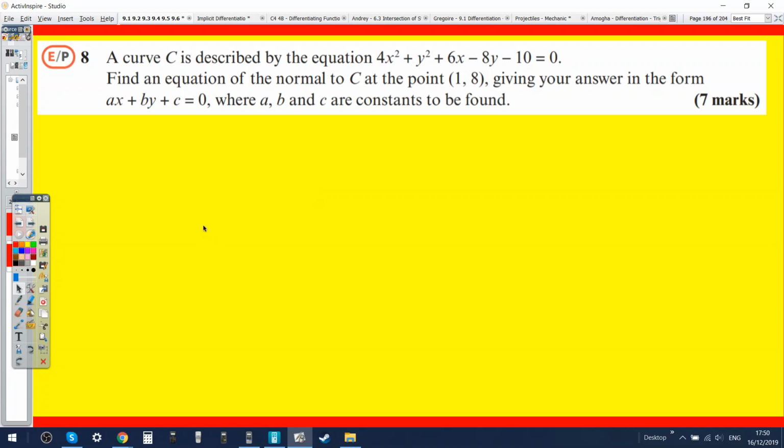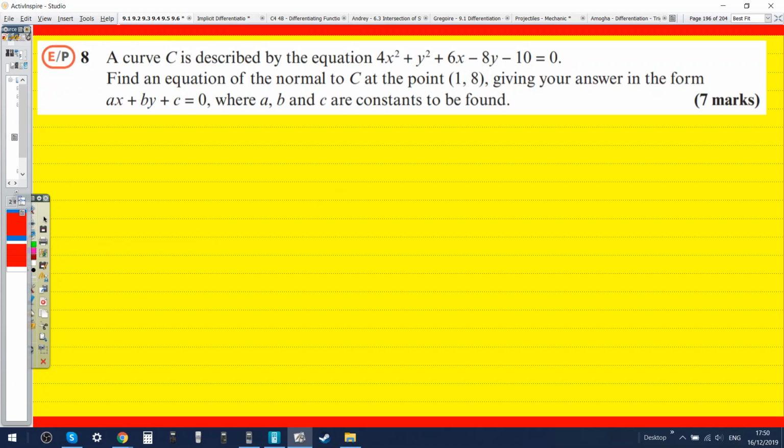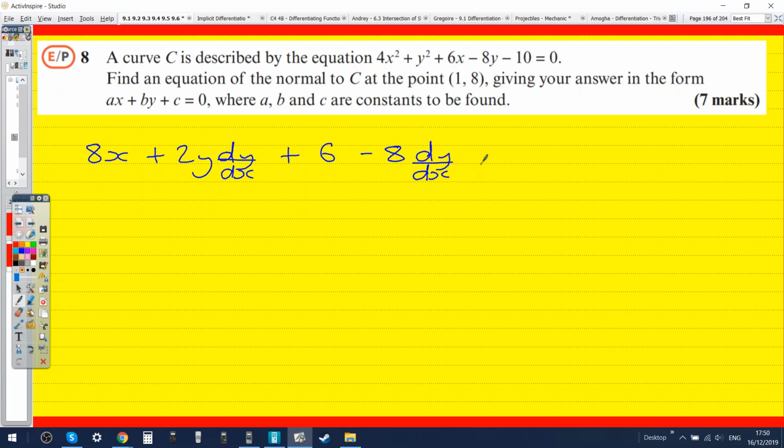Okay, equation of a normal. So differentiate first. So 8x plus 2y dy by dx plus 6 minus 8 dy by dx is equal to 0. Okay, so then 8 plus 16 dy by dx plus 6 minus 8.